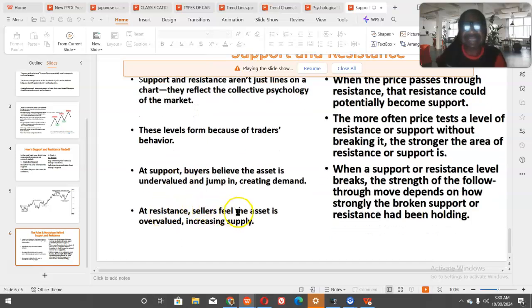At resistance, sellers feel that the asset is overvalued, increasing supply. They increase their supply because they feel that the asset is overvalued. So these are the rules guiding support and resistance.